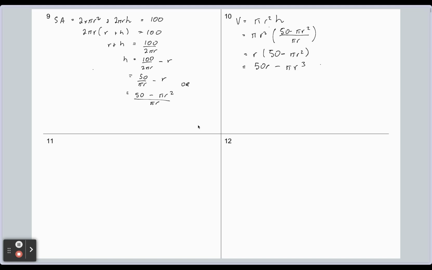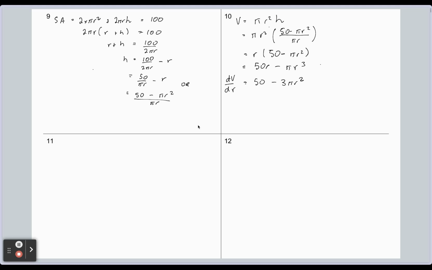So now we can maximize the volume by finding the derivative. So dV/dr, the rate of change of volume with respect to the change in r, is equal to, and I'm just going to find the derivative of that volume, which is really straightforward. It's going to be 50 minus 3 pi r squared.